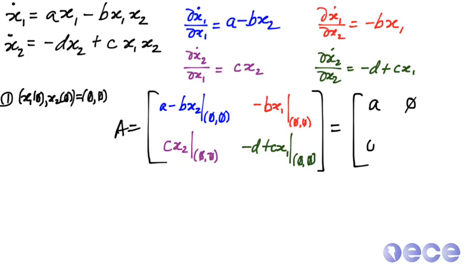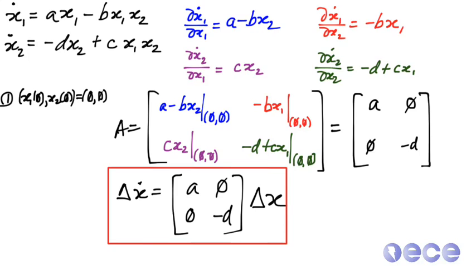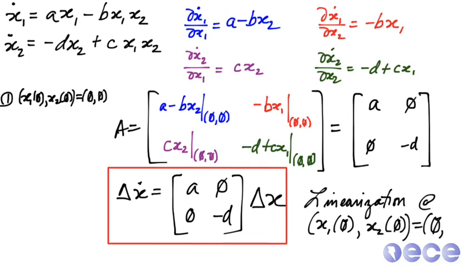Once we perform this evaluation, we get a diagonal matrix: a, 0, 0, minus d. So our system of equations for delta x dot is equal to this matrix A times delta x. This gives us our linear representation of this system at the equilibrium point. For small disturbances around delta x, so for regions really close to the linearization point of 0, 0, this system will be valid. Again, this is the linearization at x1,0 and x2,0 equals 0, 0.